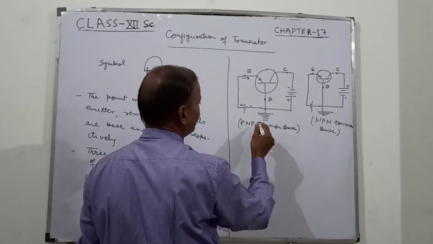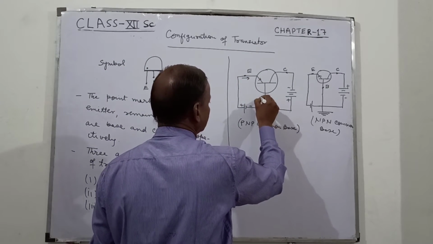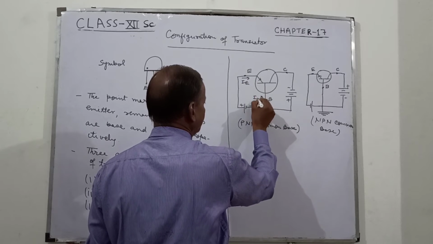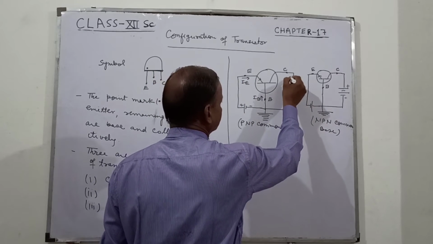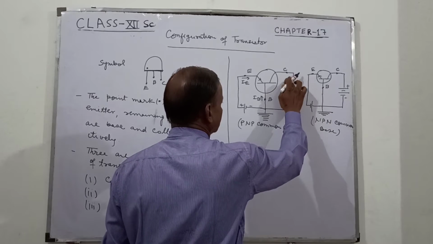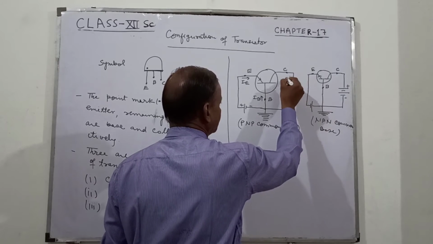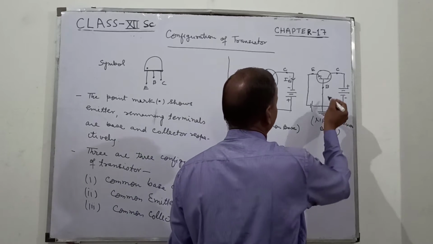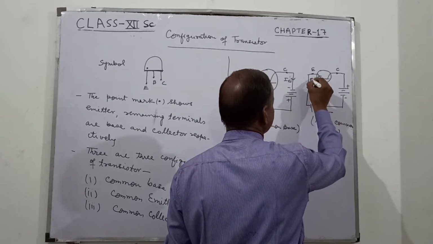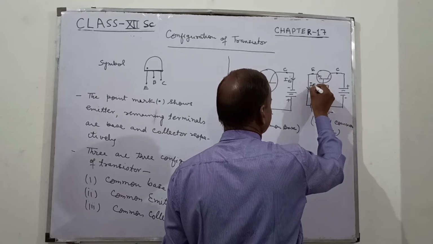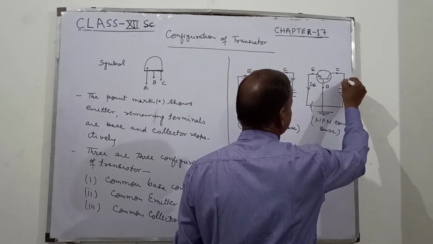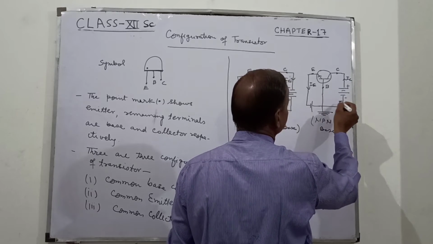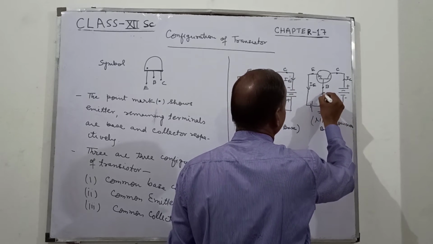This is IE, this is IB, and this is current IC. Here the current is like this. This is IE and this is IC, and negative.